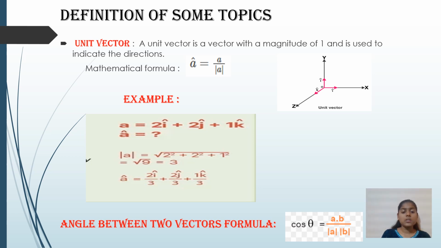First, modulus of a bar is equal to root of 2 square plus 2 square plus 1 square, that is root 9. Root 9 is nothing but 3. a cap is equal to (2 i cap plus 2 j cap plus k cap) divided by 3. Then next, the angle between two vectors formula is cos theta is equal to a bar dot b bar divided by modulus of a bar into modulus of b bar.